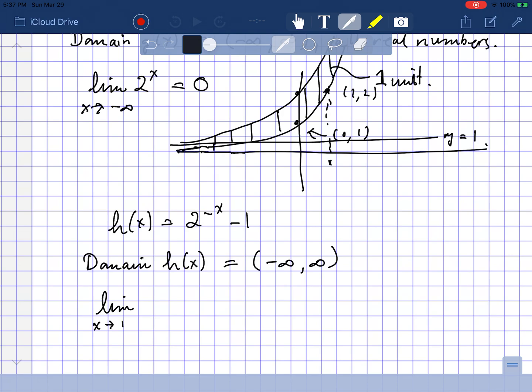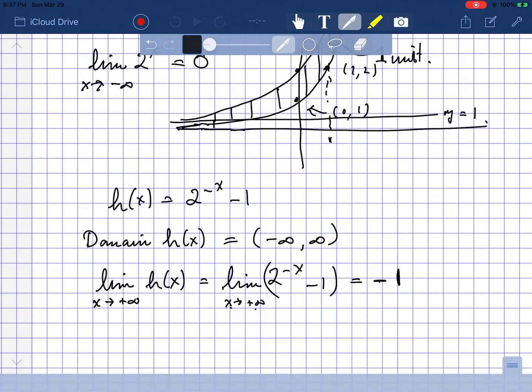Moreover, if I look at the limit as x goes to plus infinity of h of x, which is equal to the limit as x goes to plus infinity of 2 to the minus x minus 1, well, we know when x goes to plus infinity, 2 to the minus x is going to go to 0. So now I have an asymptote in the positive x direction. And so this limit here is just going to be minus 1.